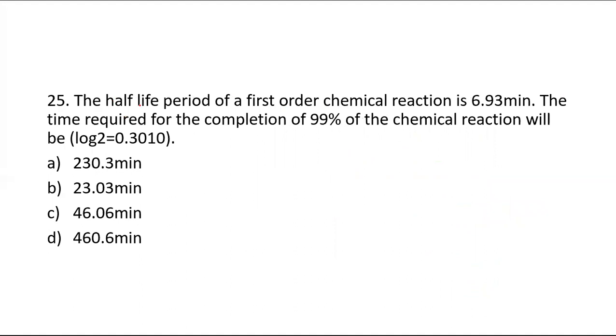Okay, now the half-life period of a first order chemical reaction is given, that is T half is equal to 6.93 minutes. The time required for the completion of 99% of the chemical reaction will be, how much? Okay, let us calculate.